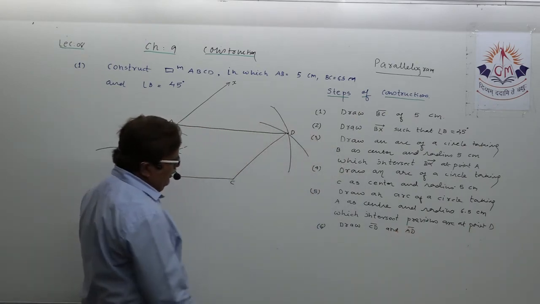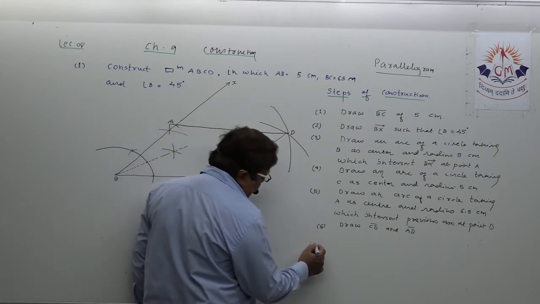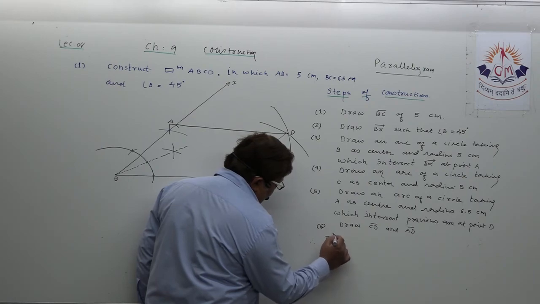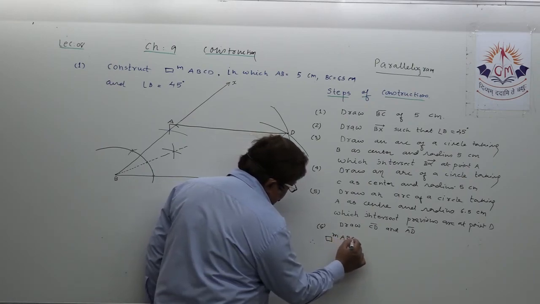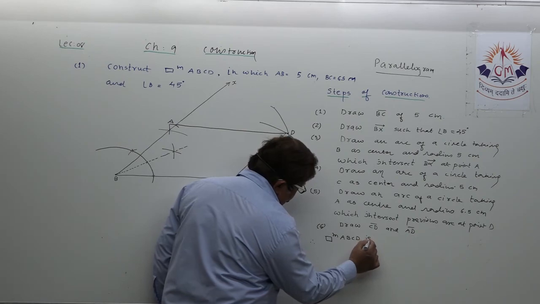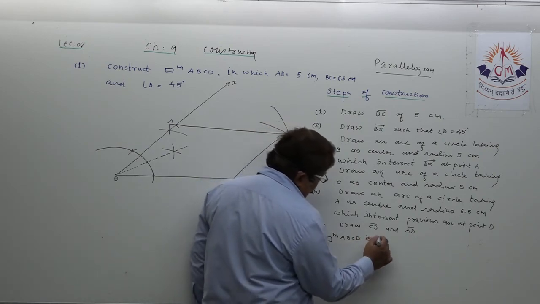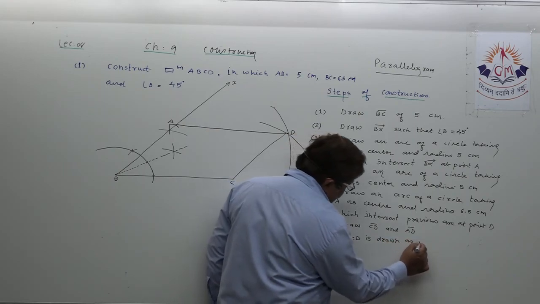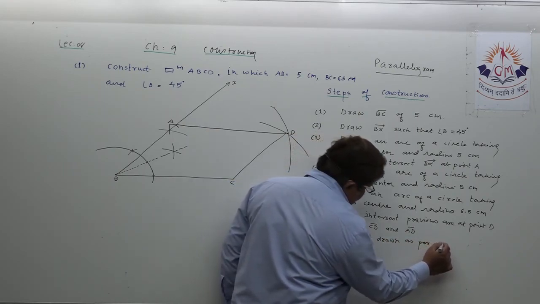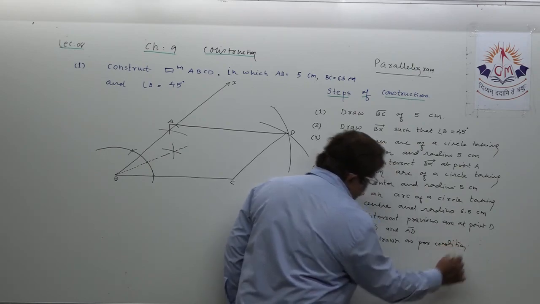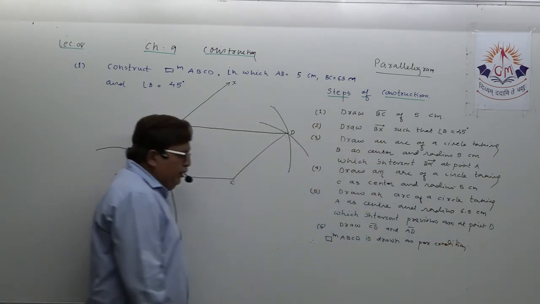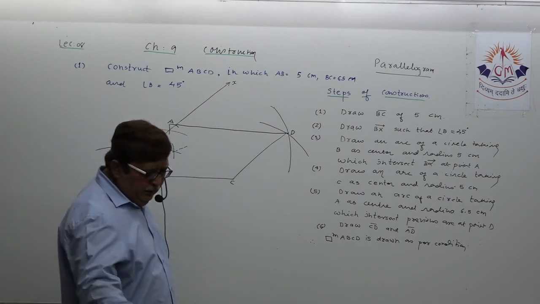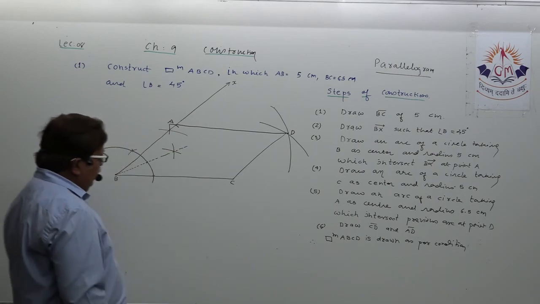And at last, dear student, you know, therefore parallelogram ABCD is drawn as per condition. Whatever condition was given, whatever data was given, accordingly you have constructed the parallelogram.